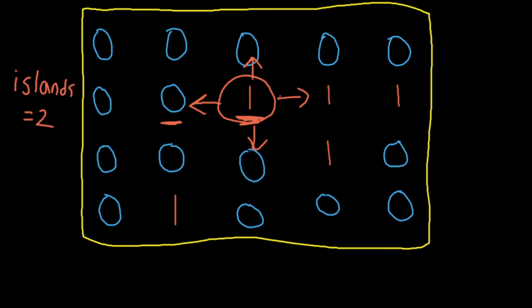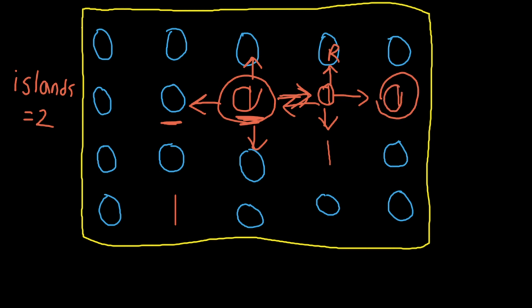You look to the right, what's going to happen is it says I see an island. So at this point, this is 0. Convert this to 0, and then it'll look up, it'll look right, it'll look down, and it will also look left, right? And so up here it returns, when it gets to the right, it turns that into 0, and then it looks up, looks right, looks down, looks left.